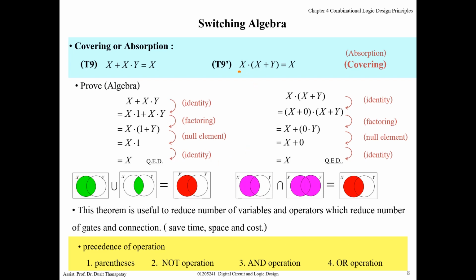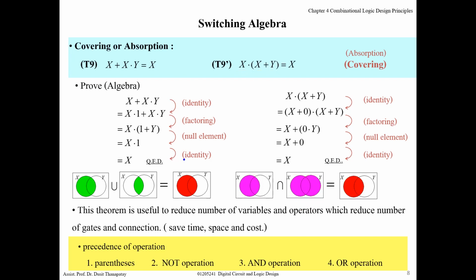And for this form, x and x plus y equal to x. This is x, and this is x and y. This one is bigger, and this one is already inside this area, right? That means when you do intersection, the result will be this part.